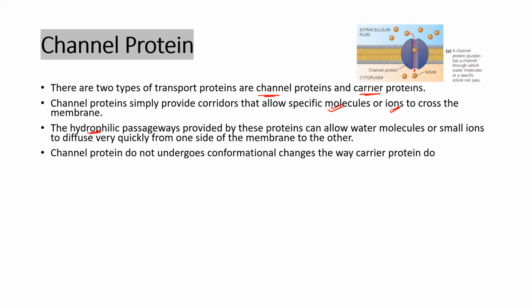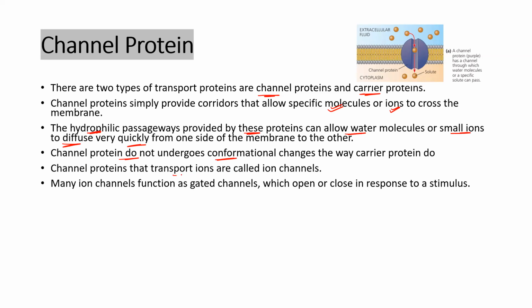Hydrophilic channels provided by these proteins can allow water molecules or small ions to diffuse. I'm using the word diffuse, okay? It means it's a type of diffusion only, passive transport, but substances are moving through protein channels. So they can cross very quickly. And the main important point is that channel proteins will not go through conformational change, which carrier proteins will do. We'll see in the next slide.